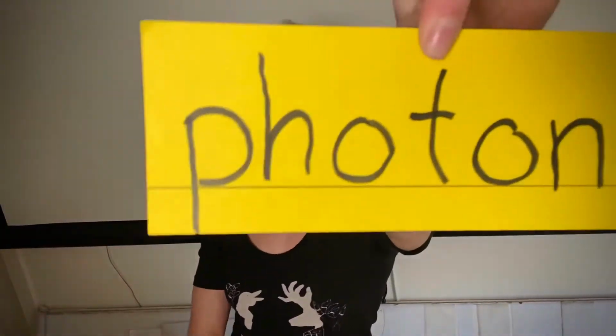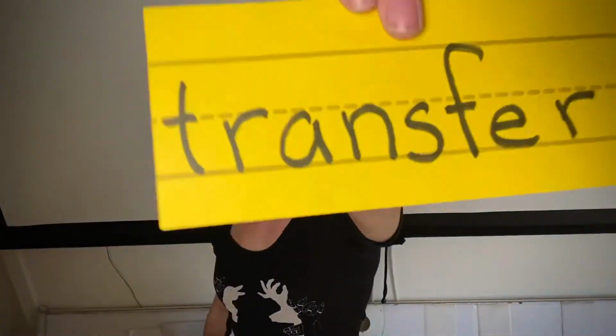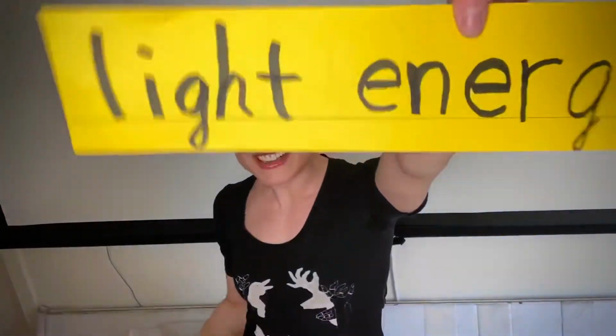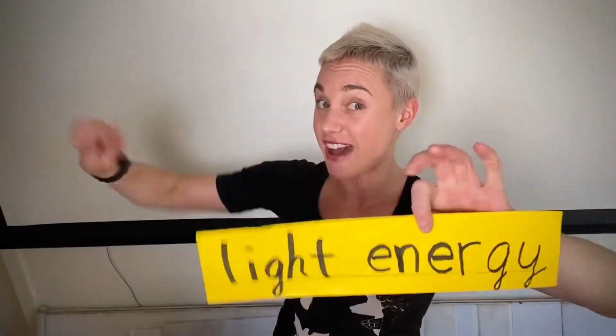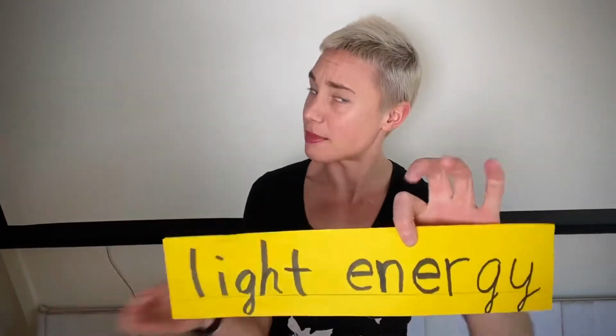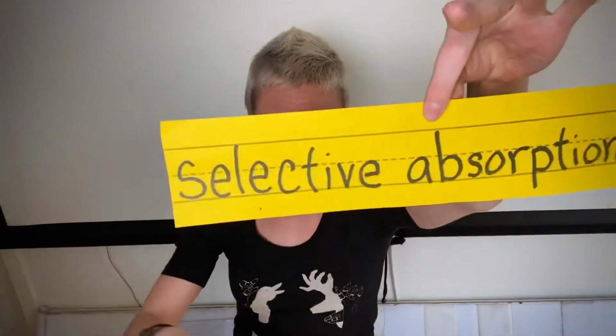So, we of course have the word photon. Those are the particles that light is made up of. We of course have the word transfer. That means changing from one form to another. We have light energy. We know that light is a form of energy that travels in a vibrating wave, but is also made up of particles called photons, and we just learned the principle of selective absorption.